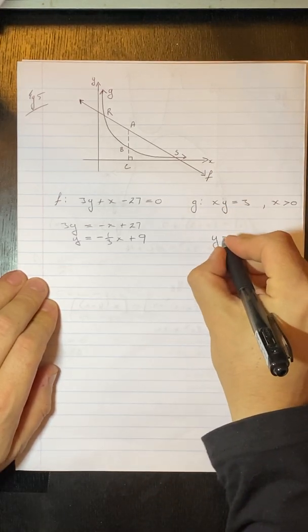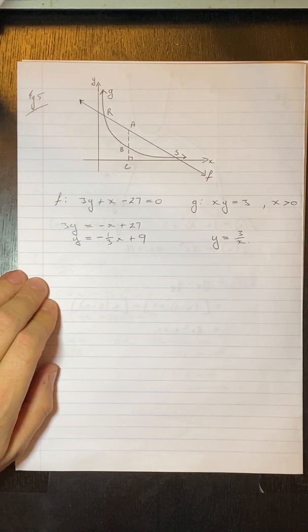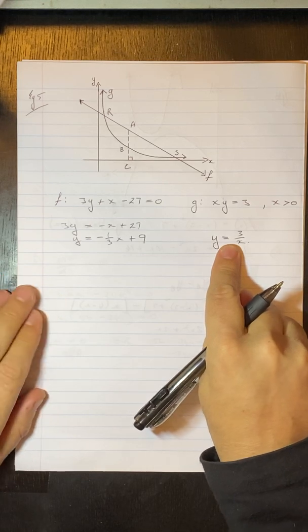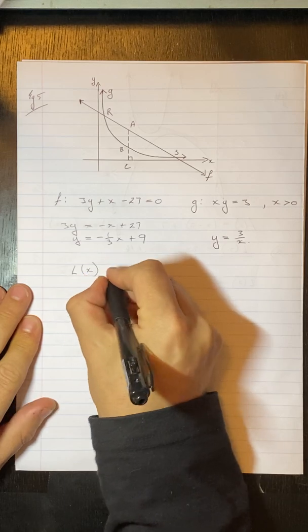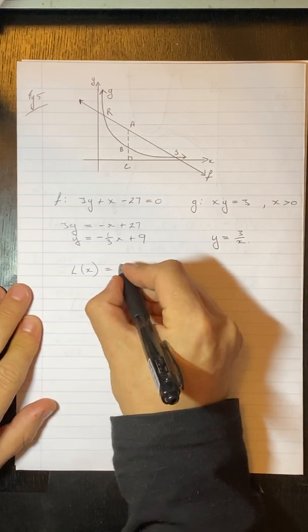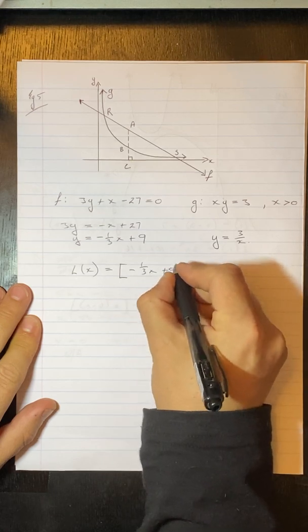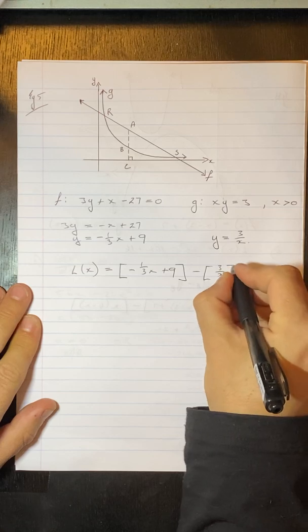We get y is equal to 3 over x. So this is our y value at the top. This is our y value at the bottom. And I'm going to call it L of x for length. So L of x is equal to our top one, minus 1 over 3 x plus 9, minus our bottom y value, which is 3 over x.